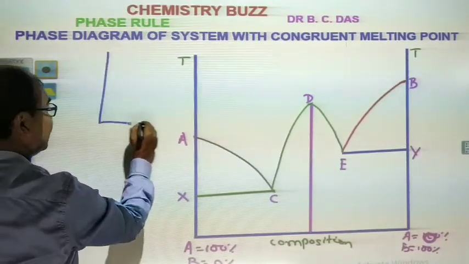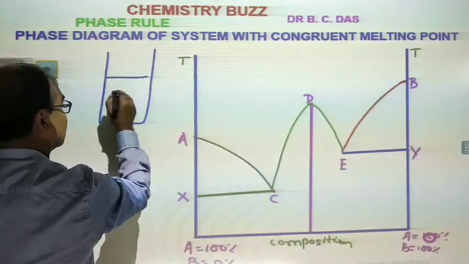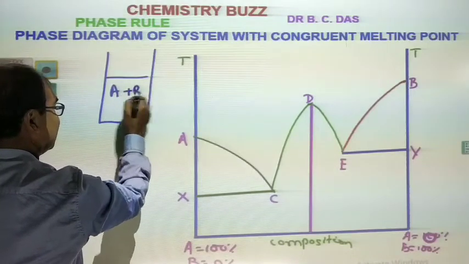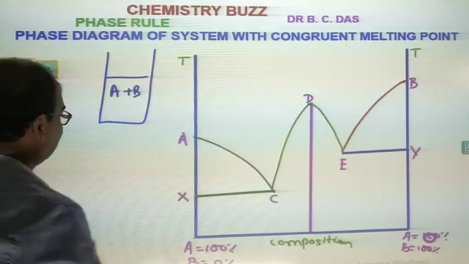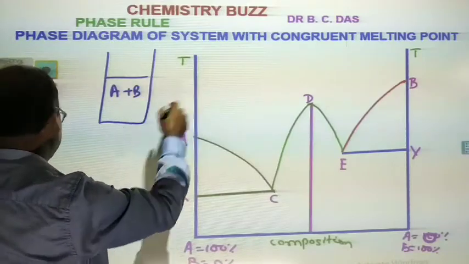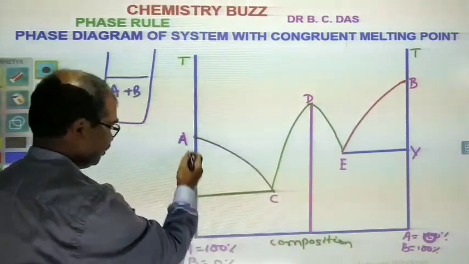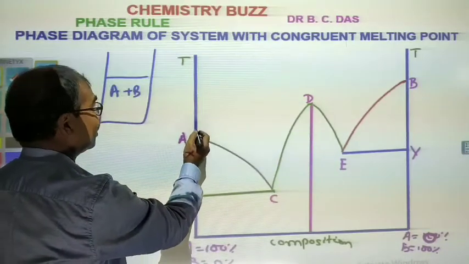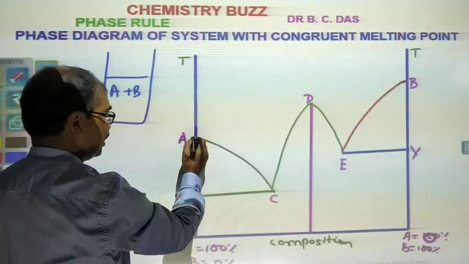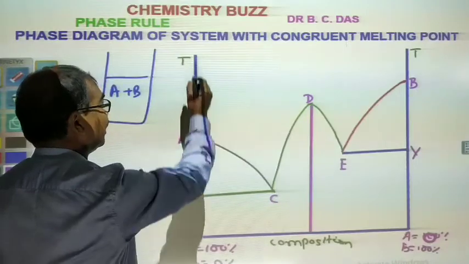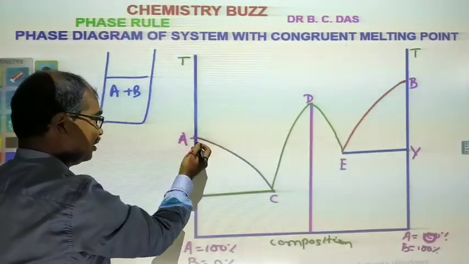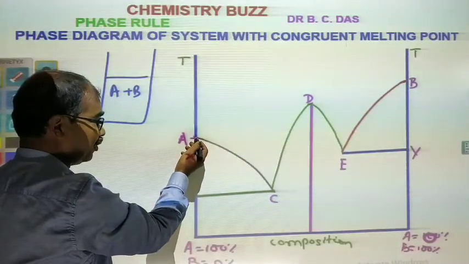We have taken a mixture of A plus B, and when A plus B is heated to a very high temperature, if it is pure A, then this will melt at this point, and when the melt is cooled, the solidification of A will also start at this point.